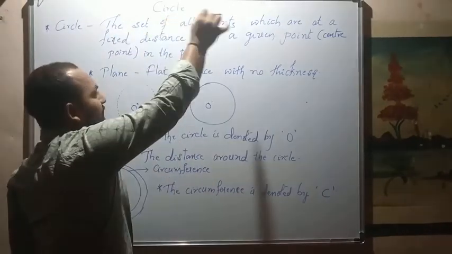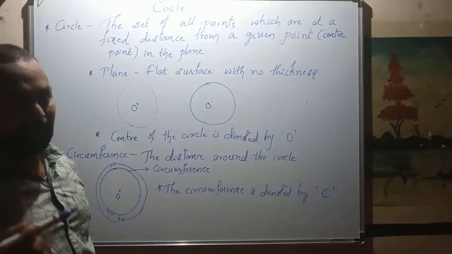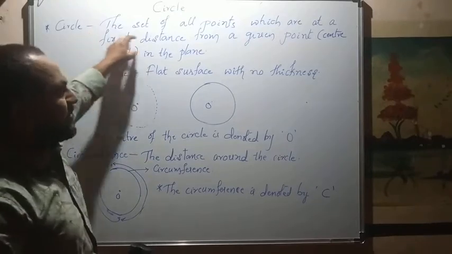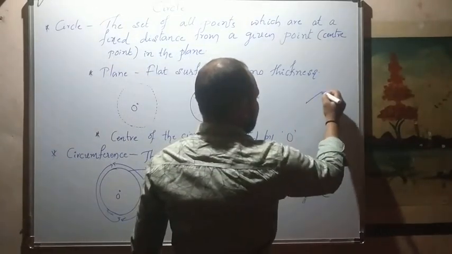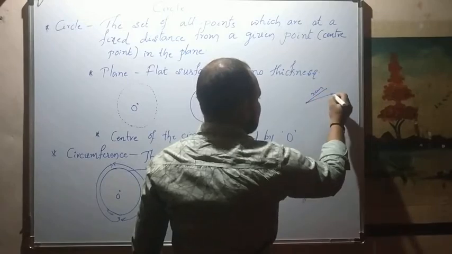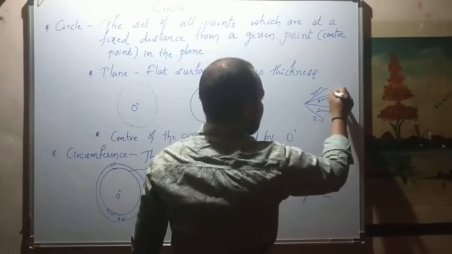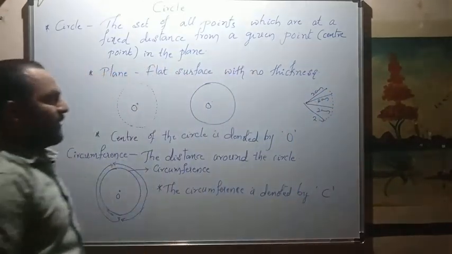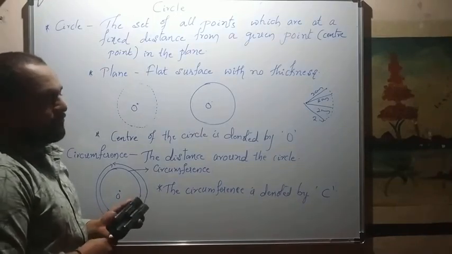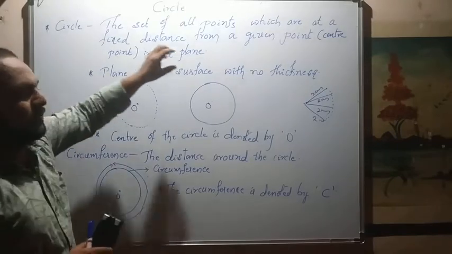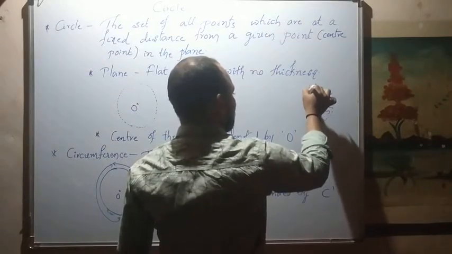All the points, the infinite number of points, which are at a fixed distance from a given point. Here the distance is 2 centimeters.